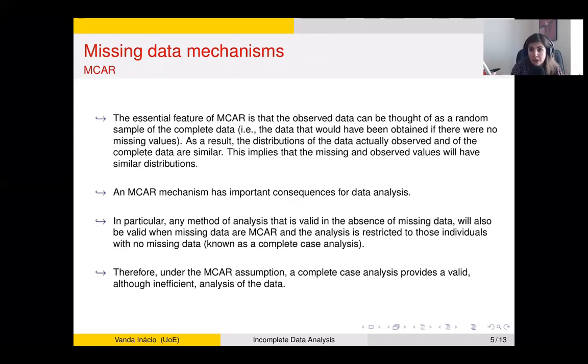So when we disregard the individuals that have missing values and only retain those with complete information on all variables, the results are still valid in the sense that they are unbiased, but certainly they are not efficient because we are working with a smaller sample size. So the main message under missing completely at random: complete case analysis, an analysis that disregards subjects with missing values, provides unbiased results, but they are inefficient because our sample size is smaller.